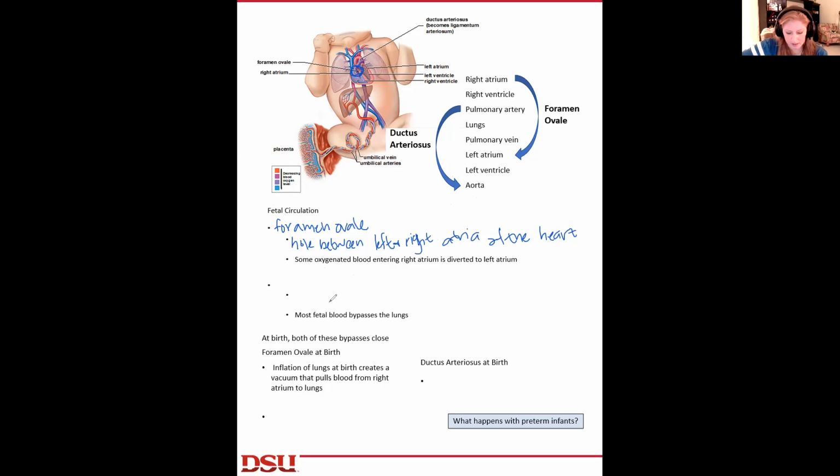There's also something called the ductus arteriosus. And this connects the pulmonary artery to the aorta.